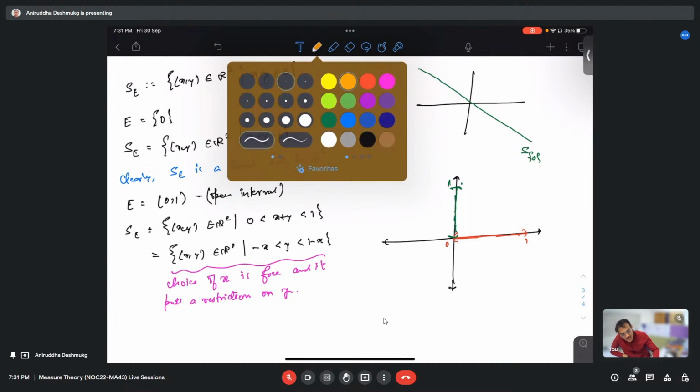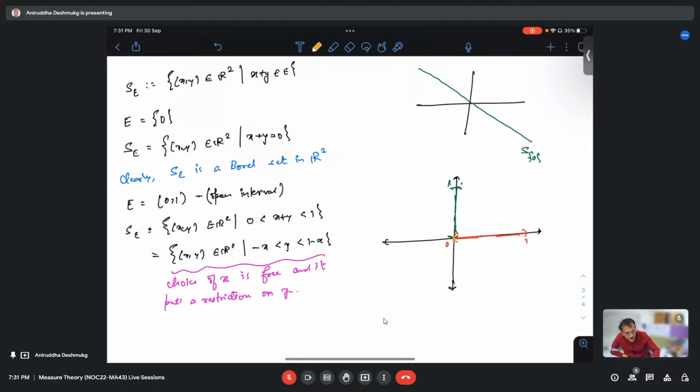Let us fix this first. At 0, what are all the points for which, if x is equal to 0, we have 0 less than y less than 1. So everything on this green line is inside S_E. Now, let us fix 1. If x is equal to 1, then minus 1 is less than y and y is less than 0. So somewhere here, and then this vertical line is inside S_E.